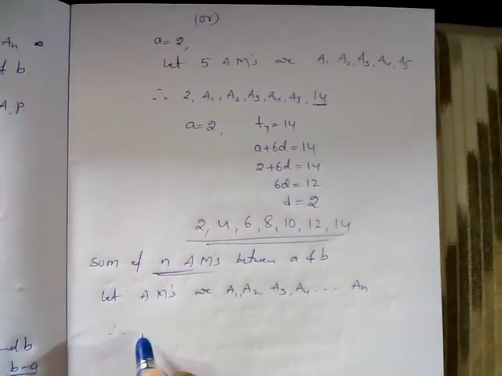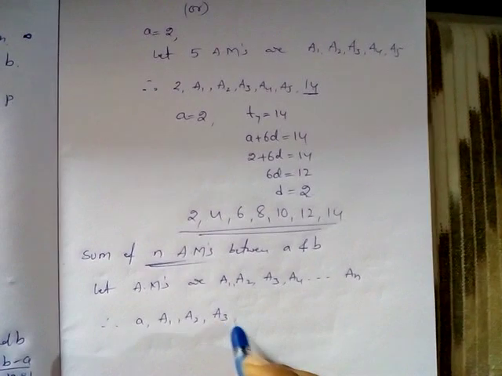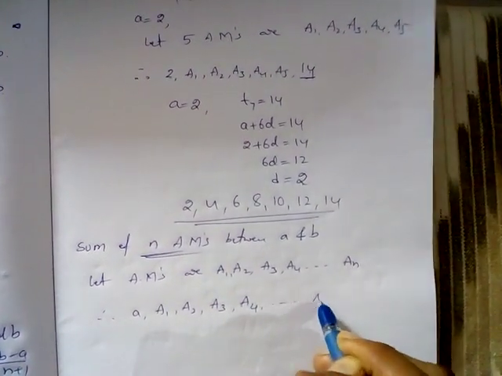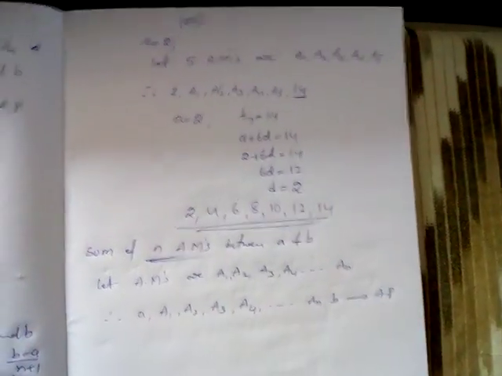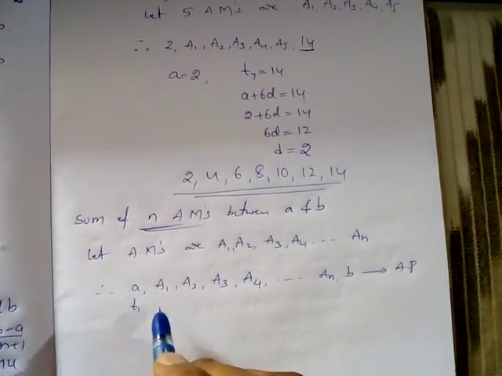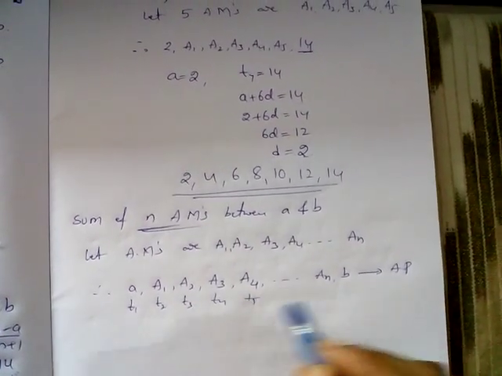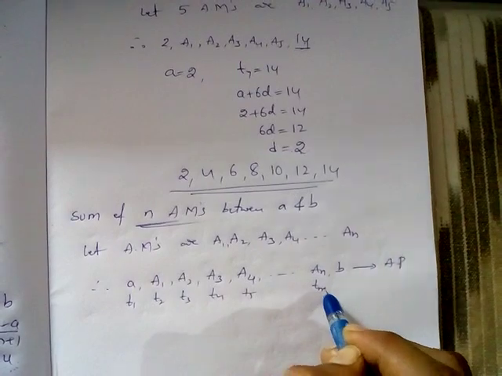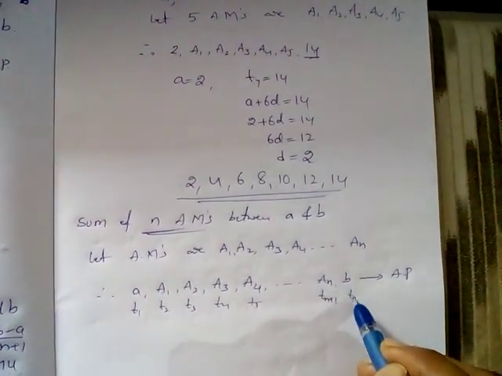So therefore the AP series is a, a1, a2, a3, a4, ..., an and b. These are all terms in AP. So now observe here, this is the first term, this is second, third, fourth, fifth, this is the n plus 1 term, this is the n plus 2 term.